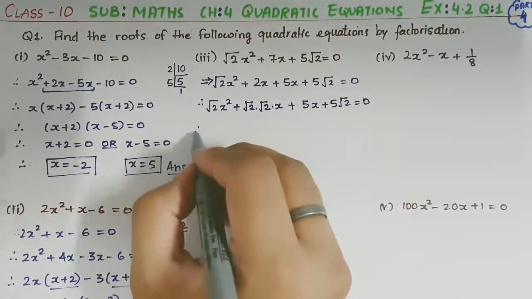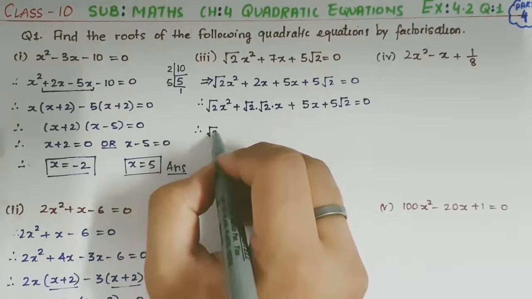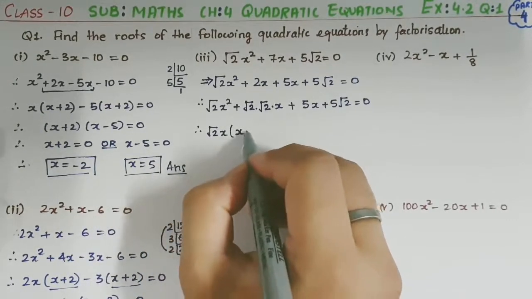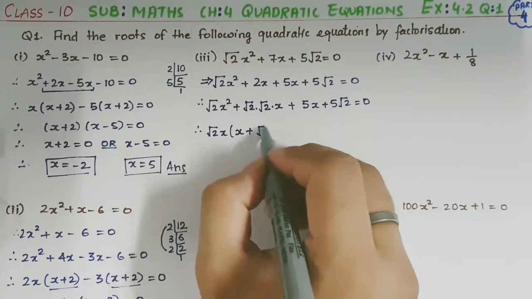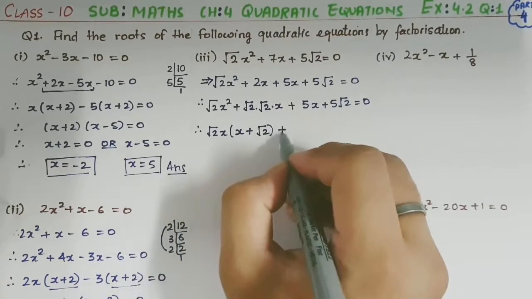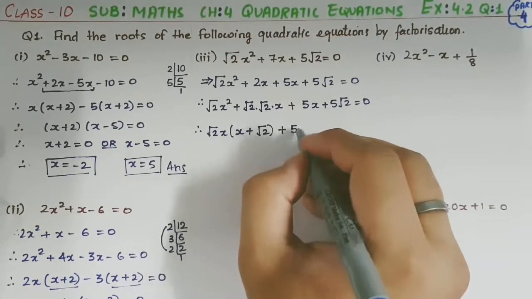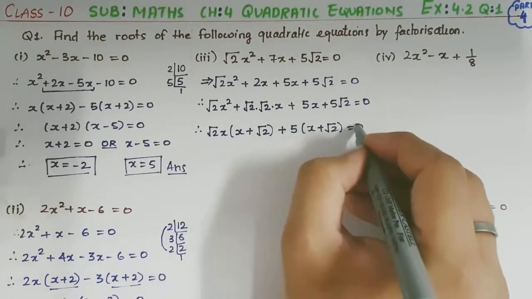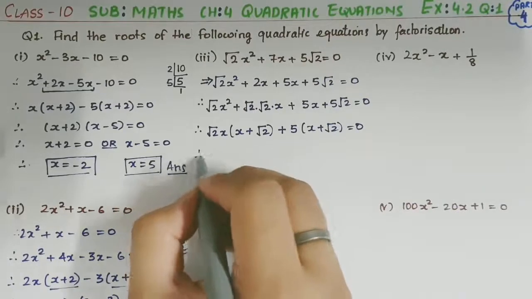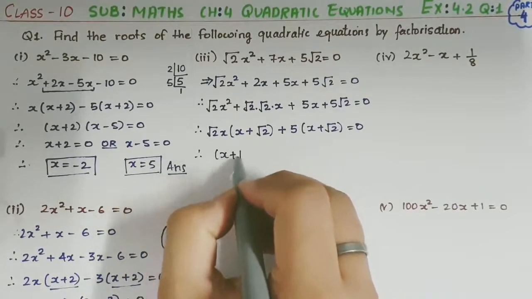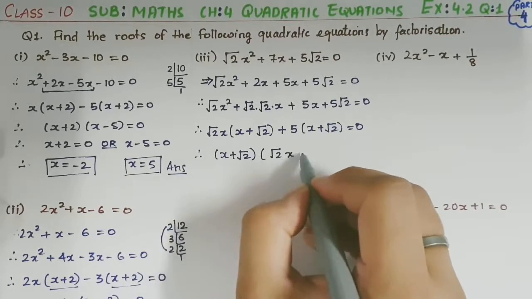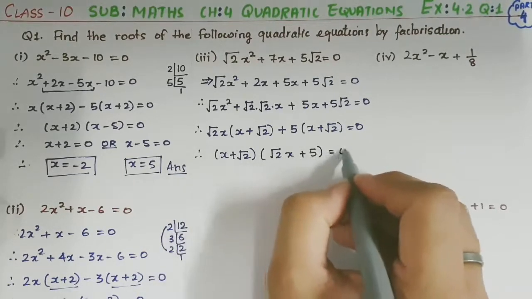Okay, now I am taking root 2 and x common, so here it will be x plus root 2, plus 5 will be common, x plus root 2 equals to 0. Therefore x plus root 2 and root 2x plus 5 equals to 0.